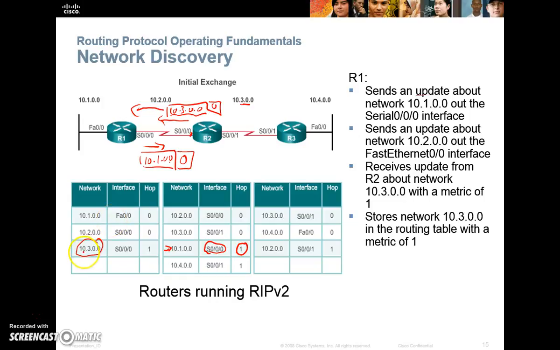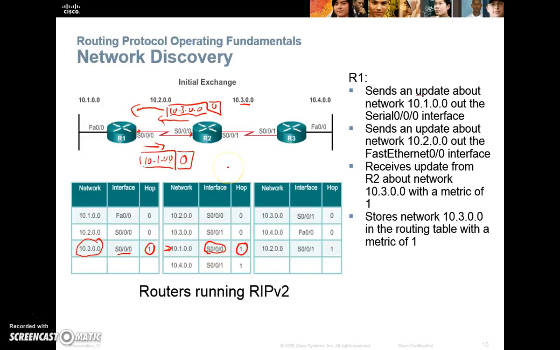Now I have a route to 10.3, and I received this route through my serial 0/0/0 interface. I received it from R2, who says it's 0 hops away, so I increase it to 1. So this network is 1 hop away. So that's for R1: R1 sends an update and R1 receives an update.